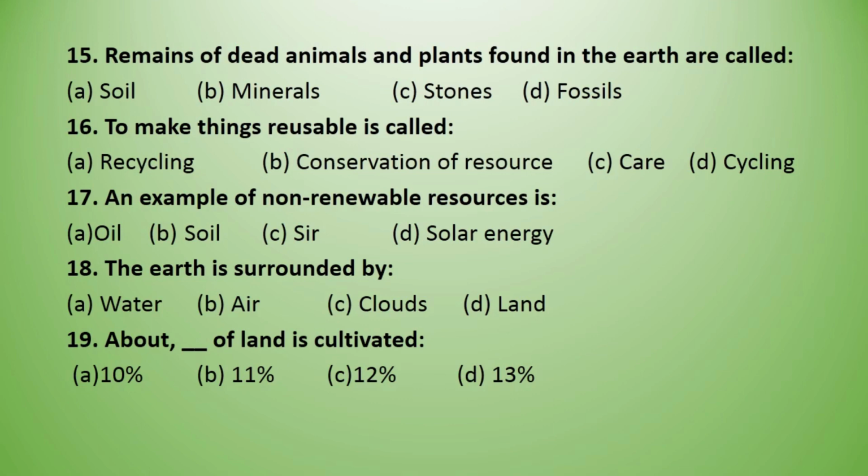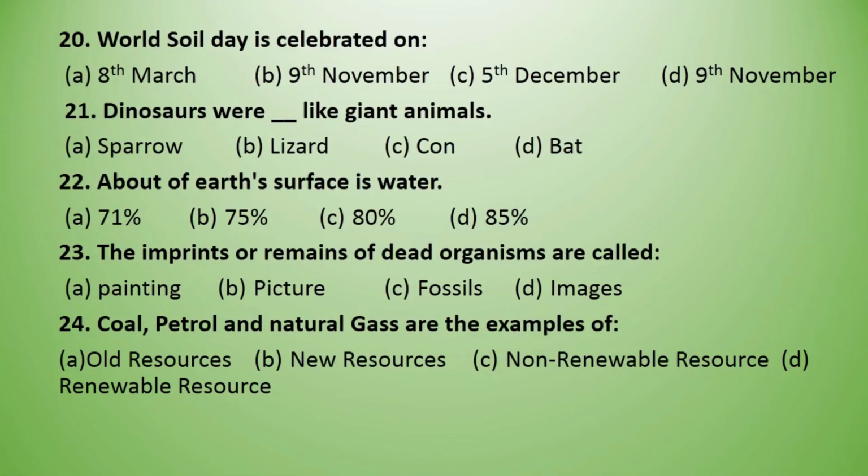19. About dash of land is cultivated. A. 10%, B. 11%, C. 12%, D. 13%. Answer is B. 11%. 20.